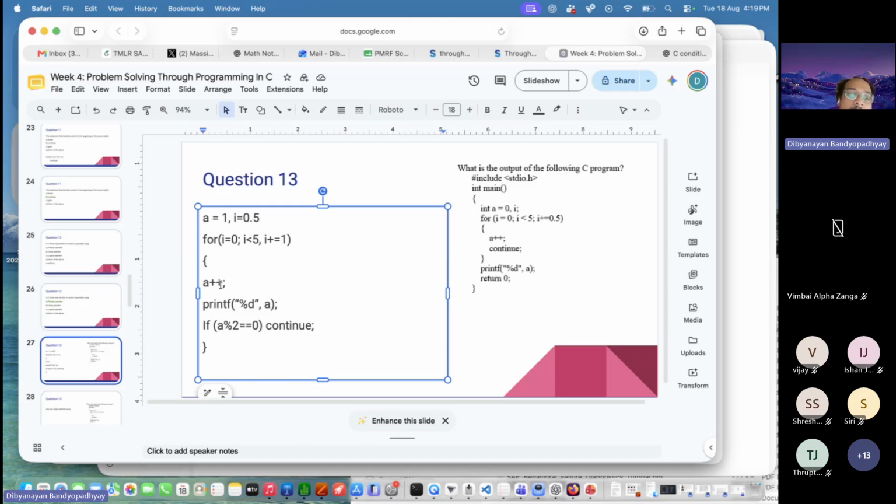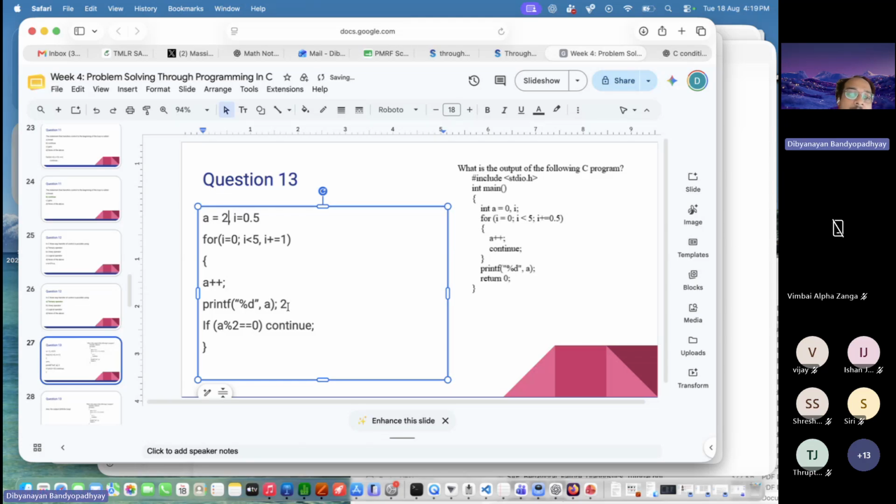So the value of a will be printed as 2, right? Now 2 mod 2 equal to 0, so it is an even number, so you are continuing it.